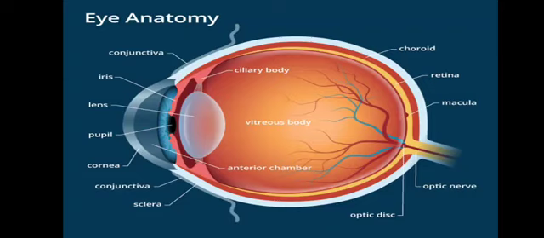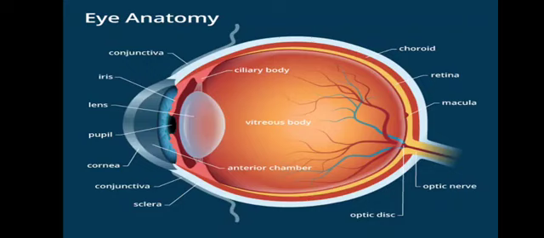Okay, and the middle layer will include the choroid, ciliary body, and iris. The choroid is a thin vascular structure of the eyeball situated between the sclera and retina. The ciliary body is a thickened anterior part of the middle layer of the eye situated between the choroid and iris.